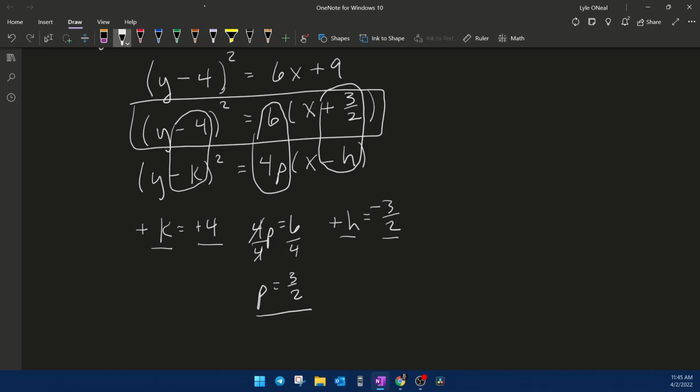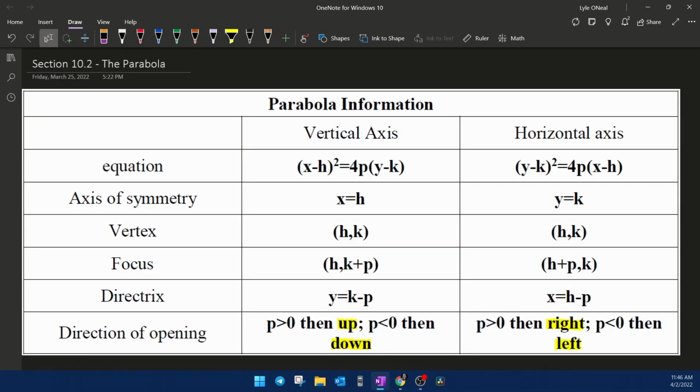And now that we have h, k, and p, we can find pretty much anything we need. Let's start with the easiest piece. The vertex is the ordered pair h comma k, which in this case will be negative 3 halves comma 4. The focus, our information sheet says, will be the ordered pair h plus p comma k.